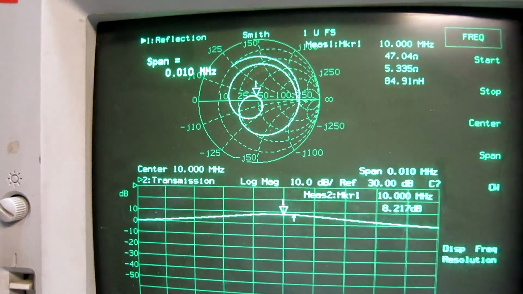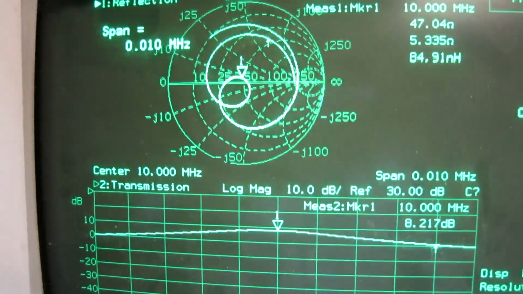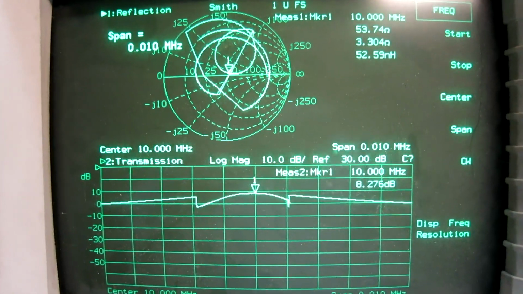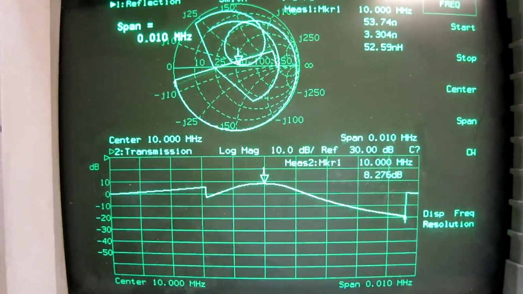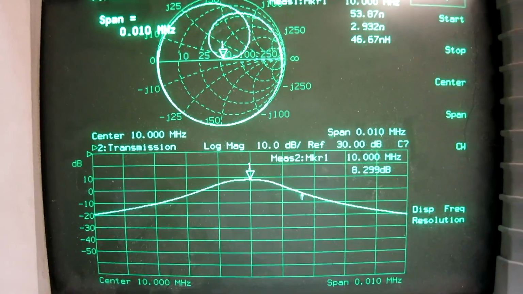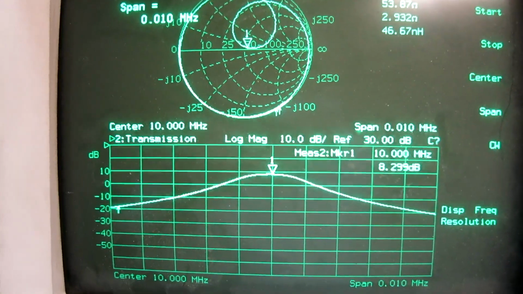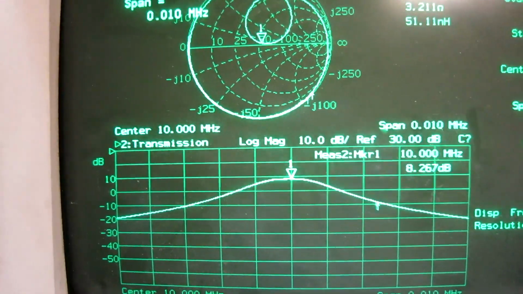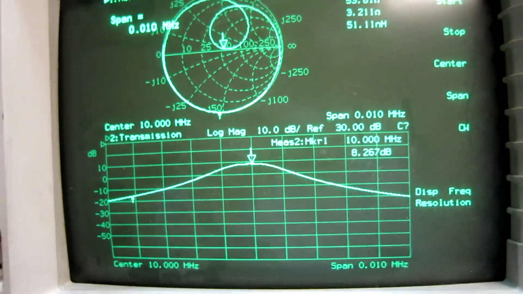The crystal filter can also be set to use 2 sections, and I switch. As you can see, the gain is very much the same, but the 3 dB bandwidth is about half. But at 10 kilohertz, the attenuation is much larger.